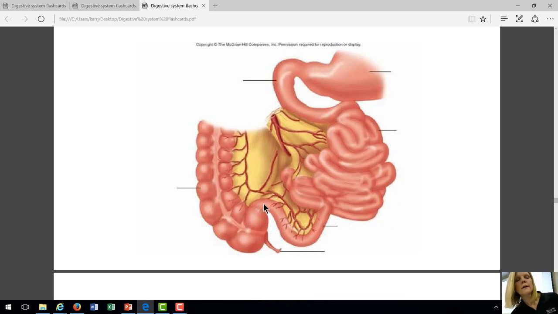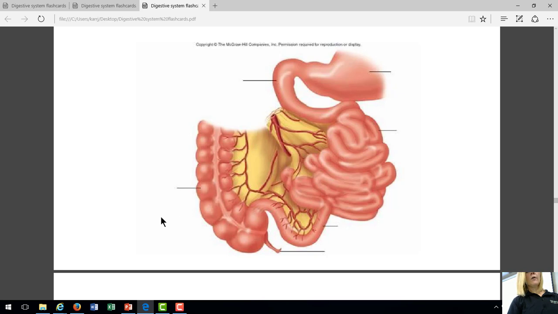So once the ileum turns into the large intestine, the first large, wide portion of the large intestine is called the cecum. And coming off of the cecum is a little finger-like structure called the appendix. And then the intestine moves upward, and this is called the ascending colon.